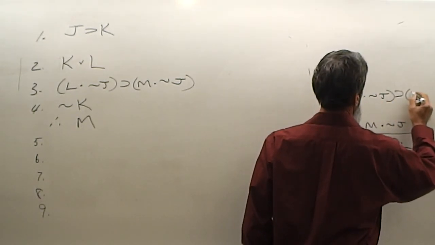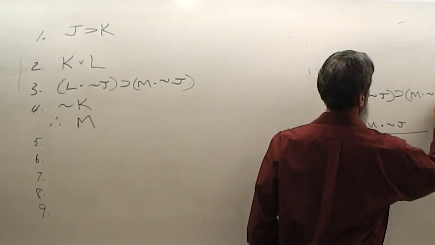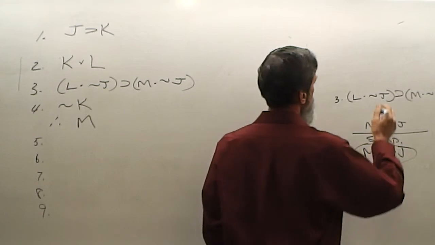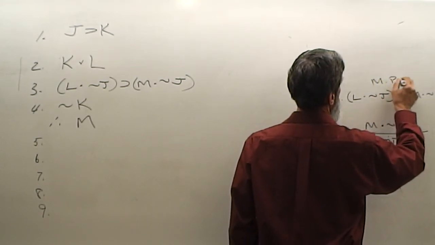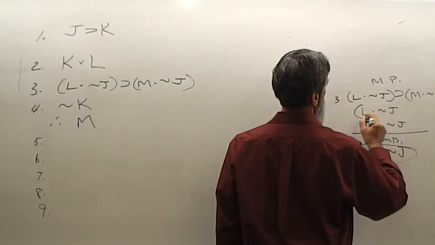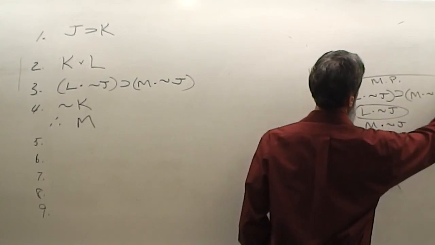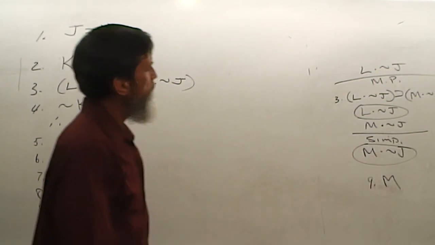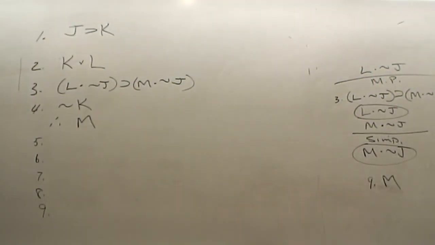Well, it's the consequent of a horseshoe. There's only one way. More. What's your plan for getting L dot curl J? Conjunction. Right?